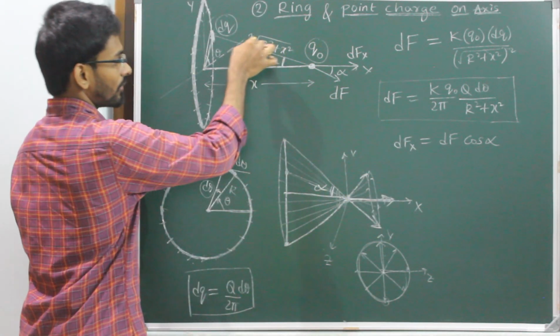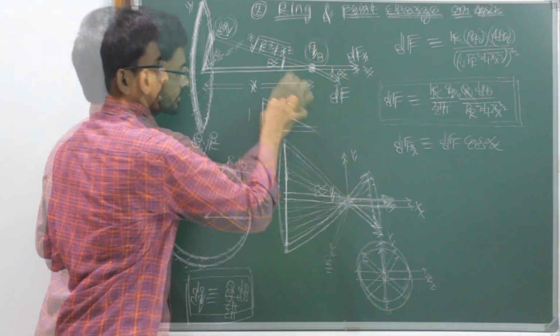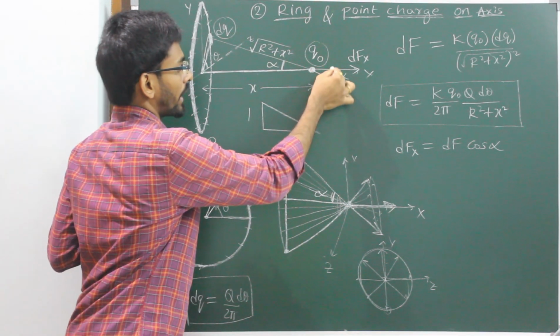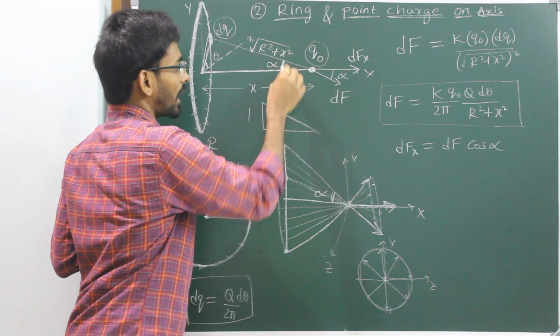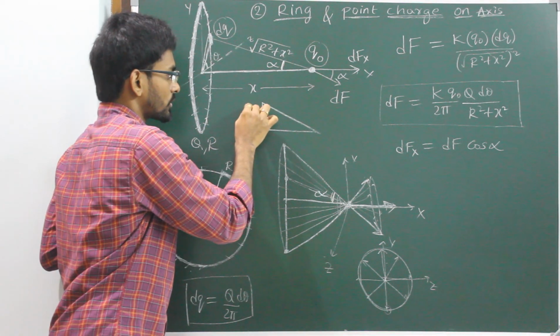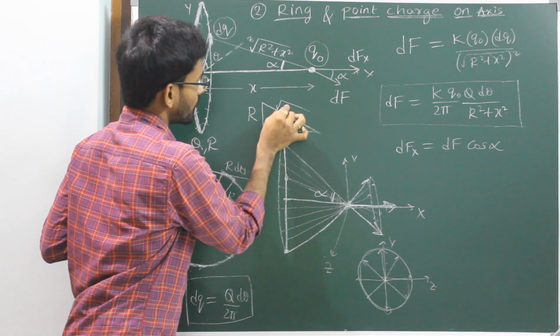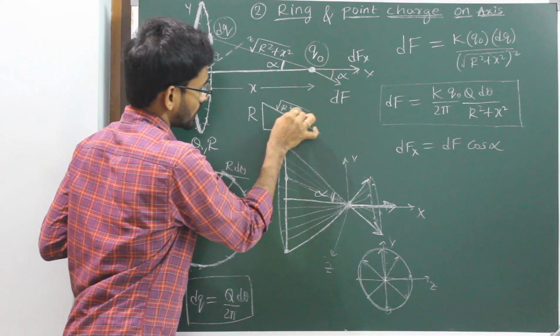First of all, the cos alpha value. Let us take this triangle. This angle is equal to alpha. This side is r and this side is x, so the hypotenuse will be under root of r square plus x square.